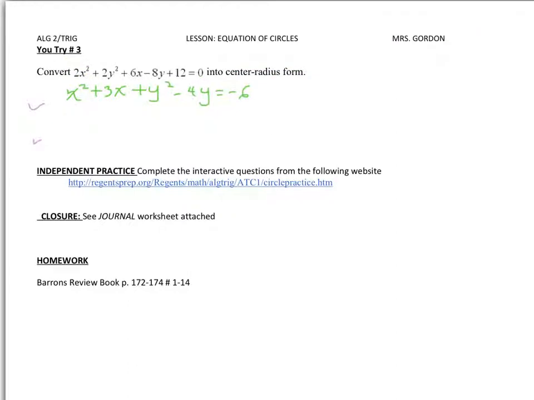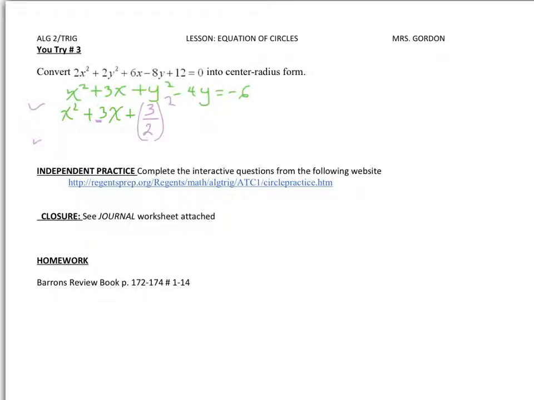Alright, so what we're going to do now is insert those terms that are necessary for us to complete the square. So we're going to have x squared plus 3x. We're going to find half of this middle term, divide it by 2 and square it. So I'm going to write it as 3 over 2 squared.